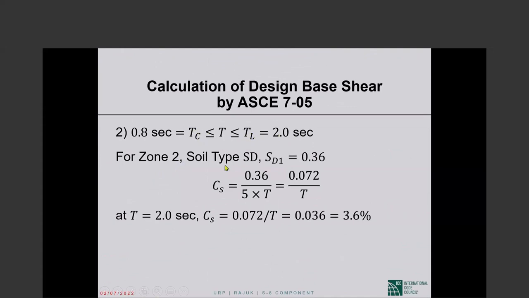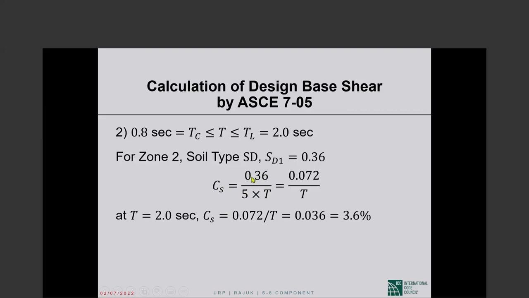For zone 2, soil type SD, BNBC gives us S sub D1 of 0.36. So C sub S would be, remember that the AC7 equation for the descending branch is C sub S is S sub D1 divided by RT.